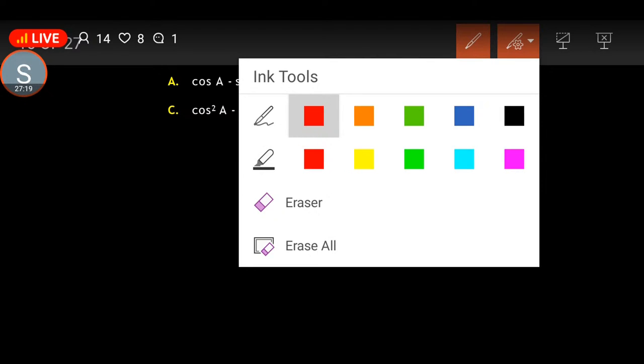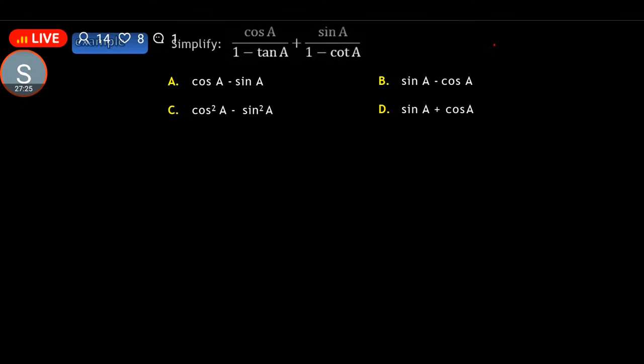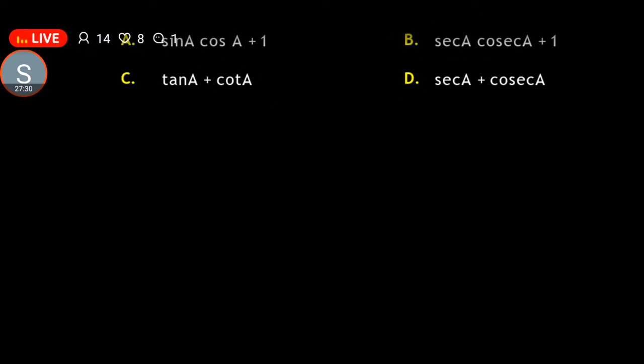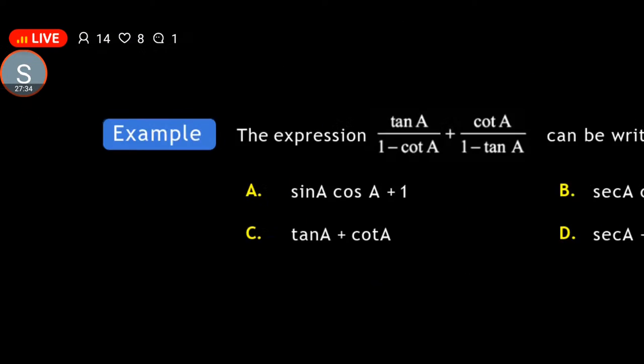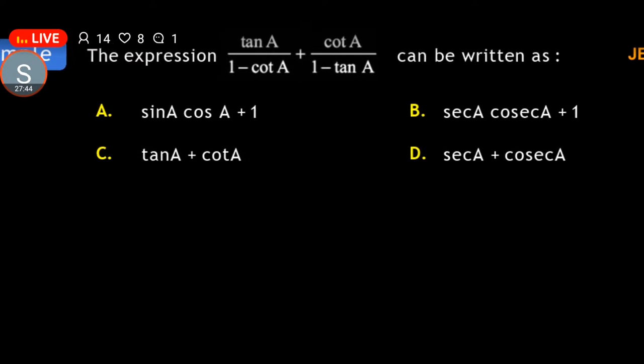Okay. Now we'll go to the next question, that is, this is a JEE Mains 2013 question. The expression tan A by 1 minus cot A plus cot A by 1 minus tan A. See the options. The options are in tan A and cot A, right?